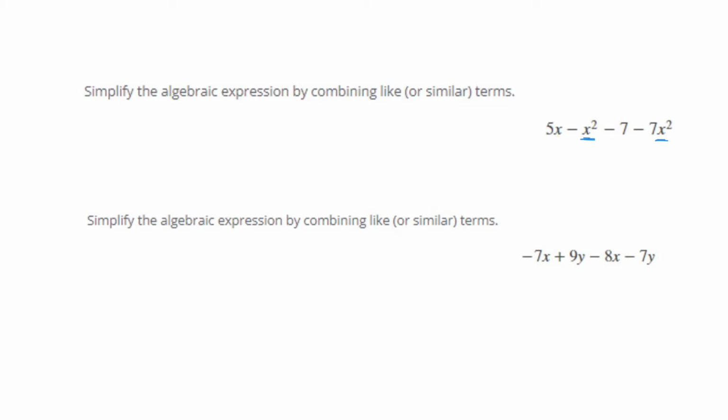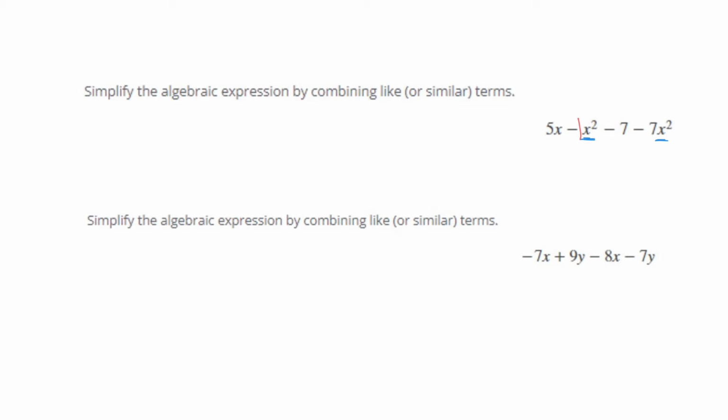So to combine like terms, really all we're doing is combining their coefficients. Their coefficients are the number in front of them. So there is no number in front of this one, so we assume that there's a 1 that it's being multiplied by. So what I really have here then is a negative 1x squared and a negative 7x squared.